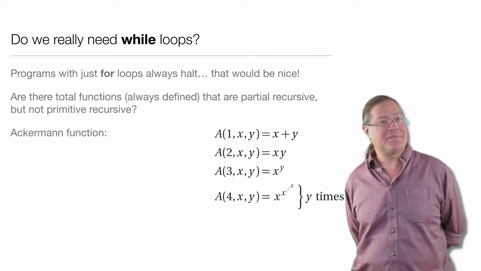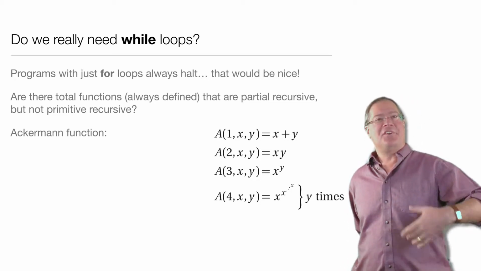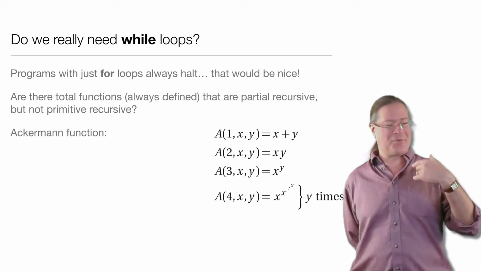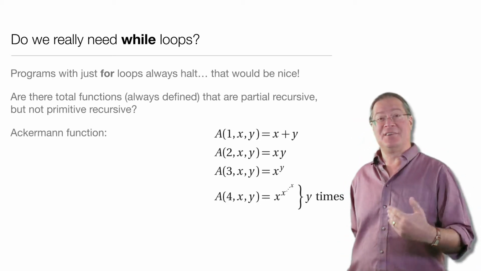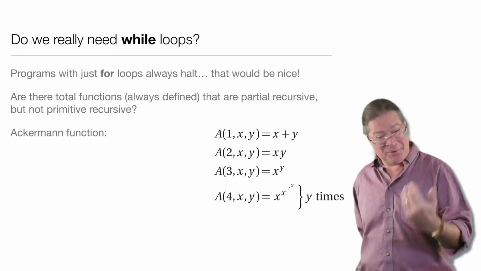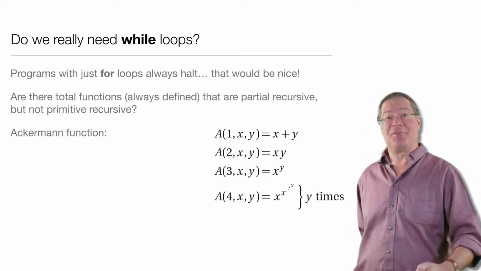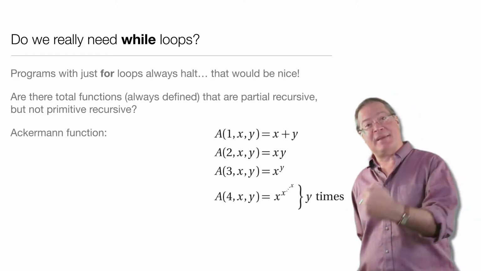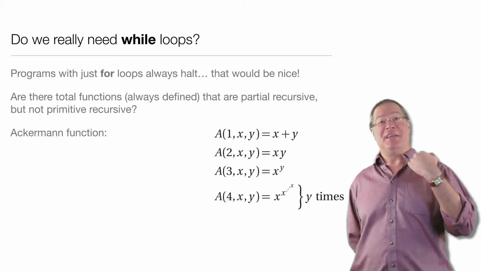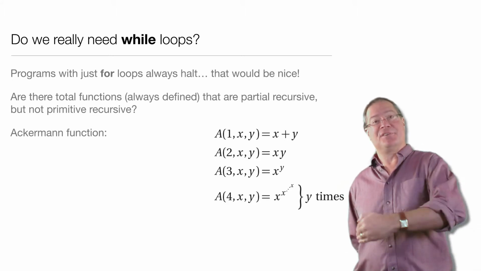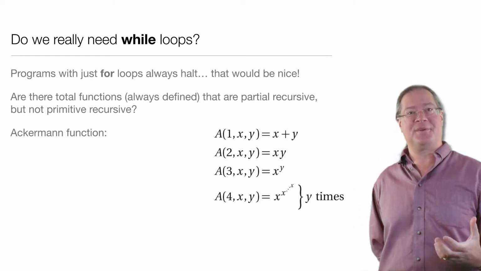So there's a clever function called the Ackermann function. We've already seen how we start with the successor function, we iterate it inductively, and we get addition. You iterate addition, adding y to x times, and you get multiplication. You iterate multiplication and you get exponentiation. We don't talk about it very often, but you could iterate exponentiation and build a tower of exponents and thus create a function which grows very quickly.